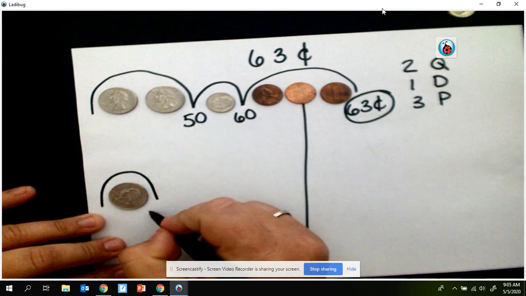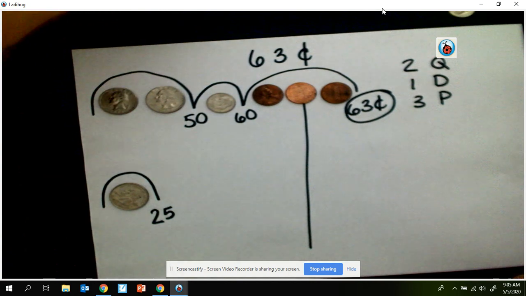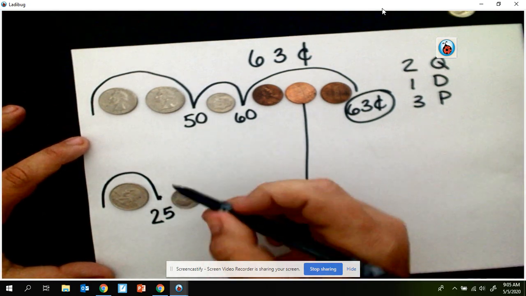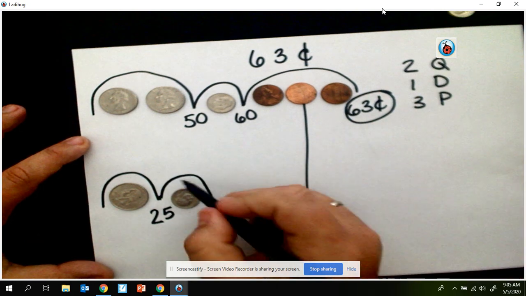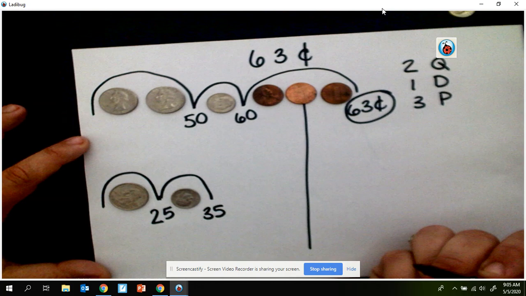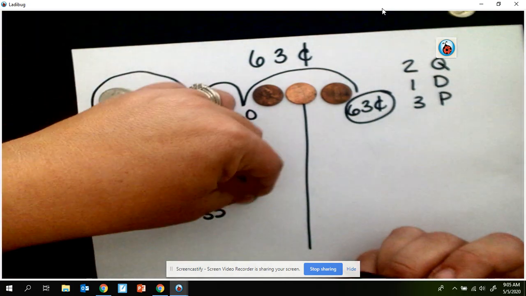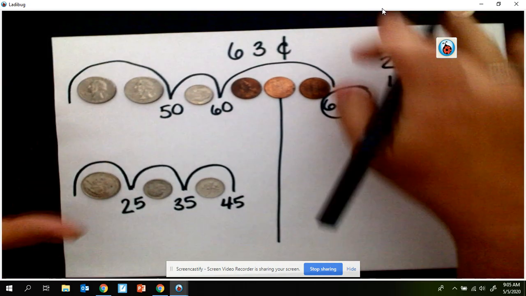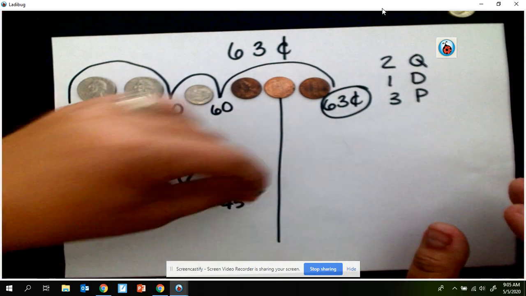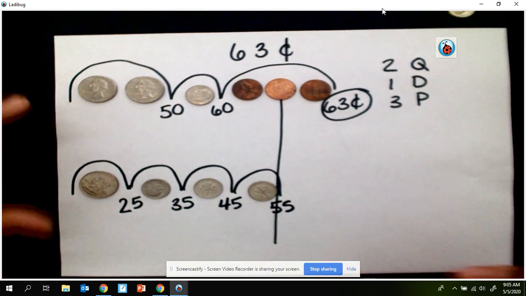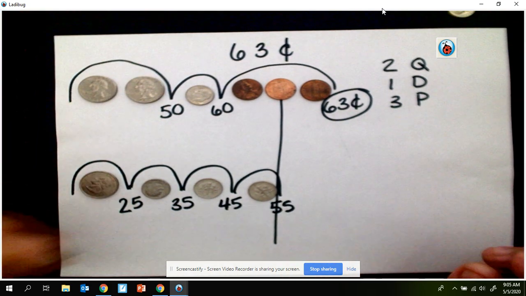That's 25 cents. And then if I add another quarter, or not a quarter, whoopsie, that's a dime. Let me add a dime, and 25 and 10 would be 35. Let's add another dime. 45. Add another dime. 55. I'm at 55. If I add another dime, I get to 65.